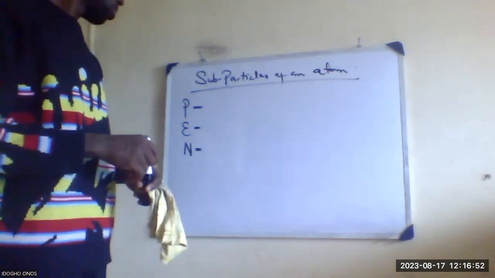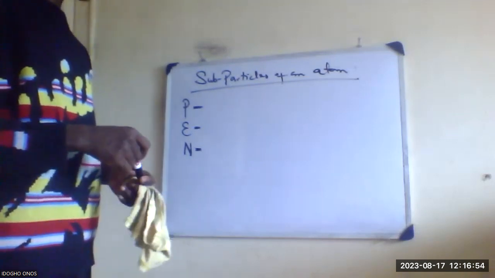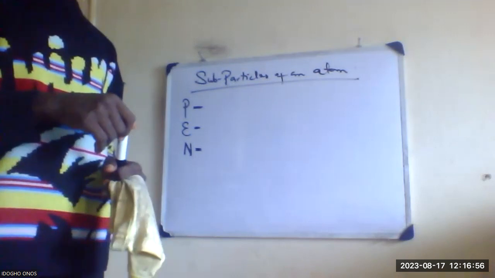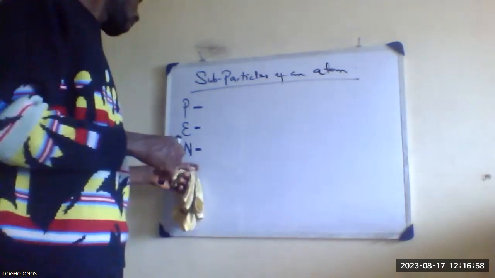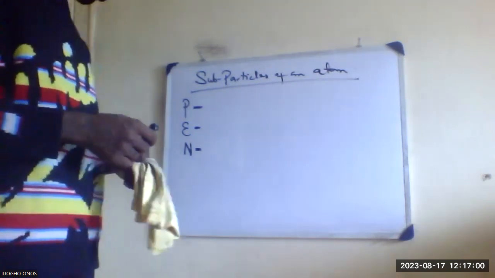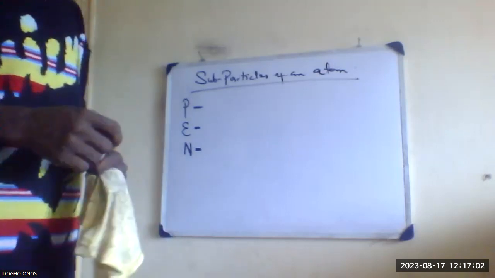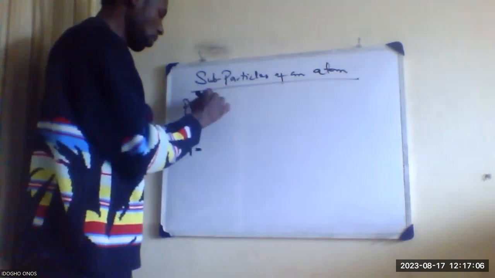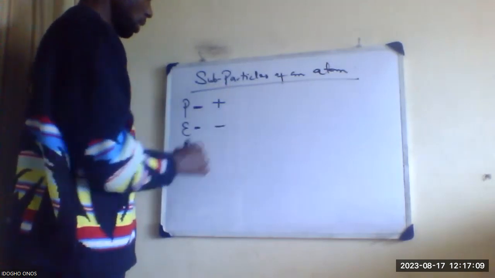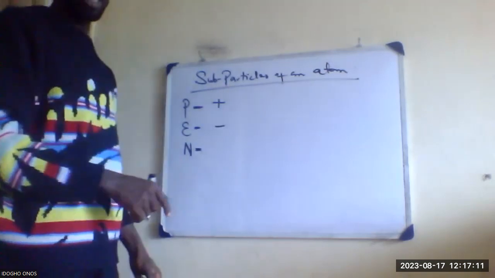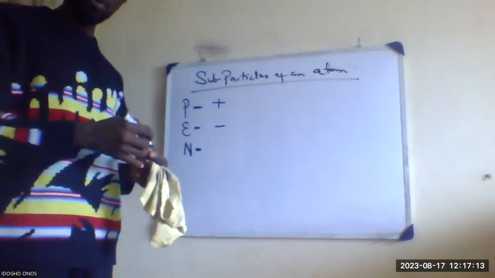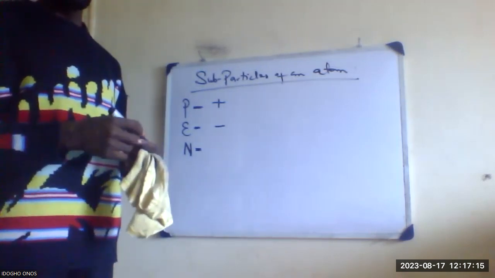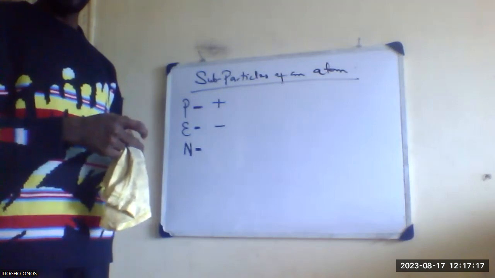While neutron is a subparticle of an element that is electrically neutral. The proton is positively charged, electron negatively charged, neutron is electrically neutral. That is, it is not positively charged, neither is it negatively charged. It has no charge.